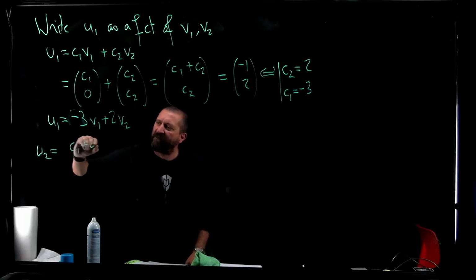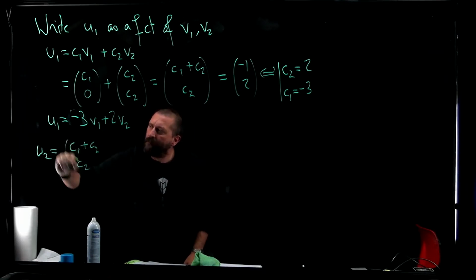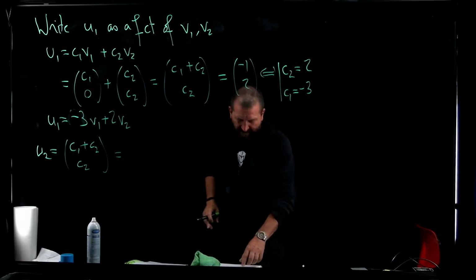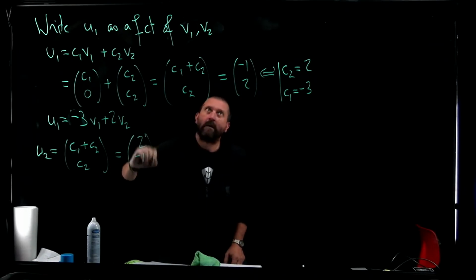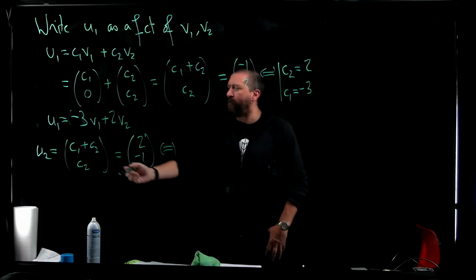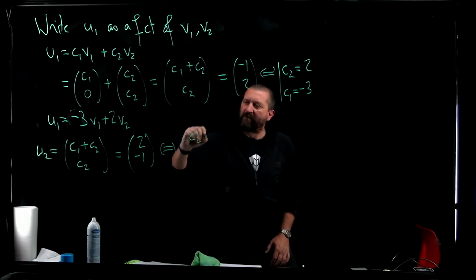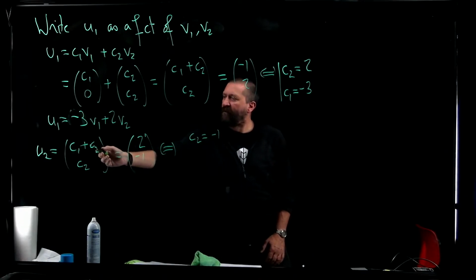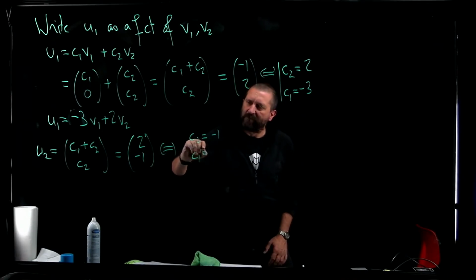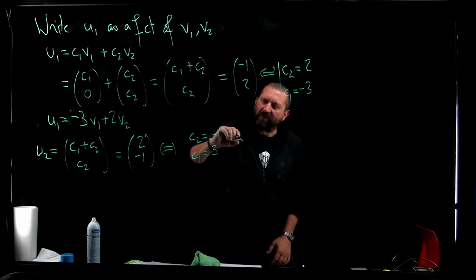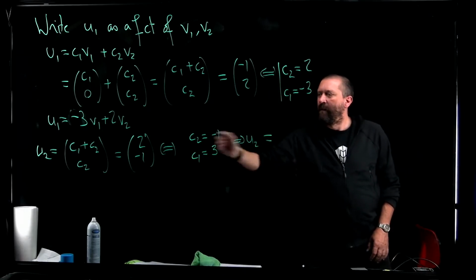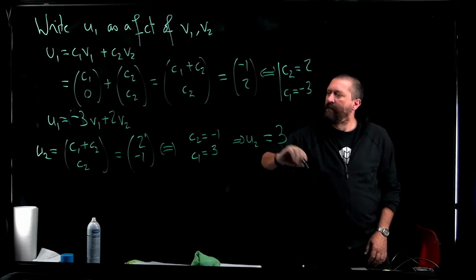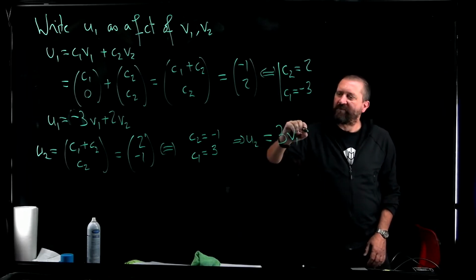So this is (c1 + c2, c2), and u2 is the vector (2, -1), and that's true if and only if c2 is -1 and c1 is 2 minus c2, so c1 equals 3. So that means that I can write u2 as 3 v1 minus v2.